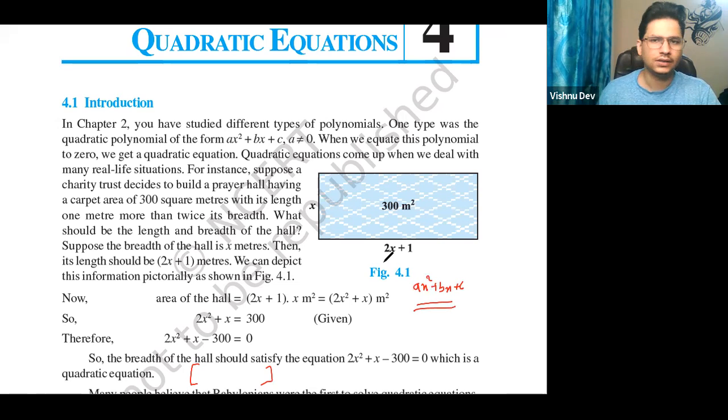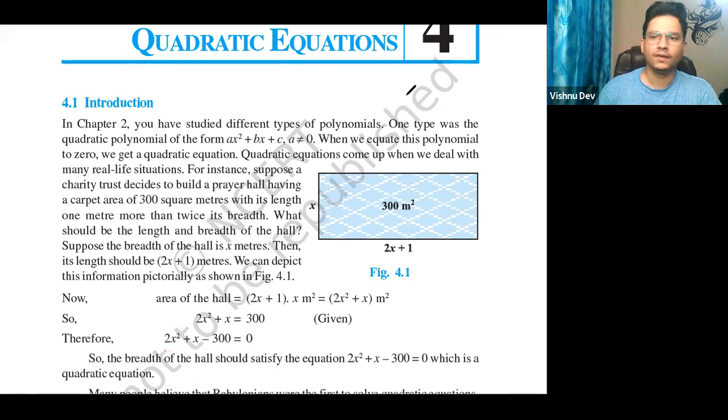After converting this, I guess all of you understood, right? But what do we need to find, हमें चाहिए क्या? X. Yes, we need to find the value of x.